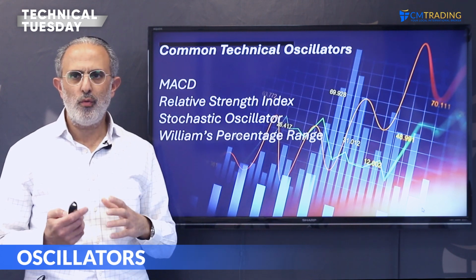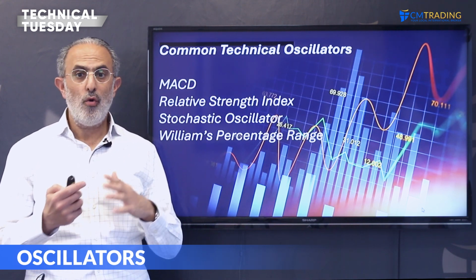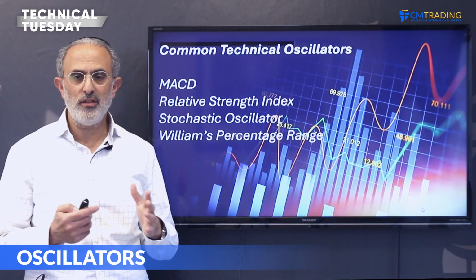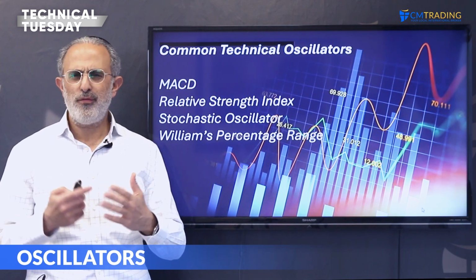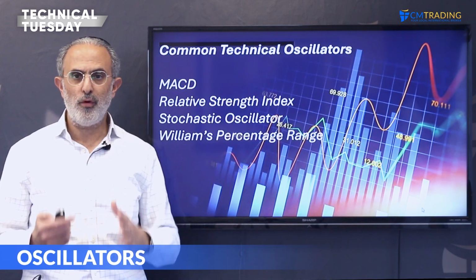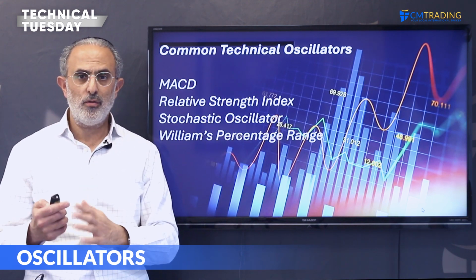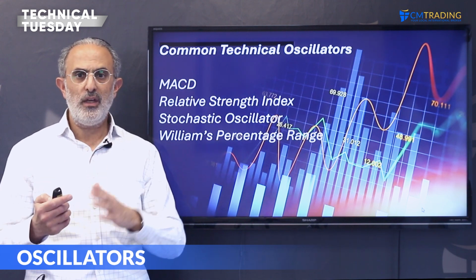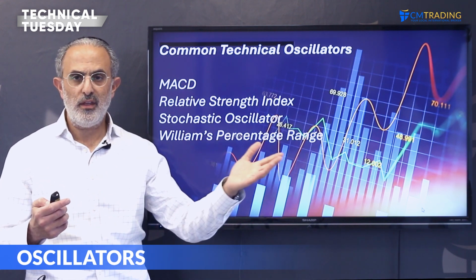The other one is the relative strength index. Relative strength, if you've heard some of my videos before, is relative strength compared to the regular market. For example, if you're looking at a particular stock, you're relatively either weaker or stronger than the greater market.